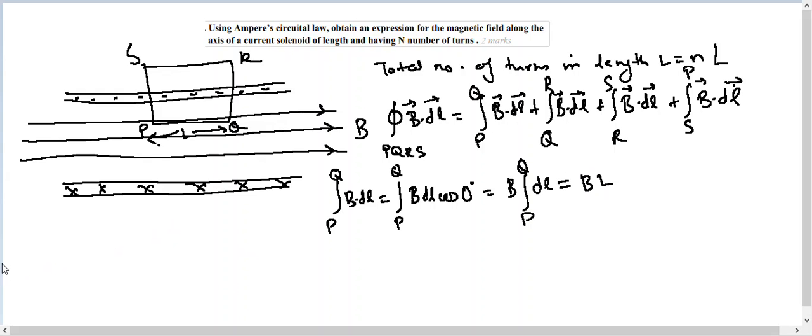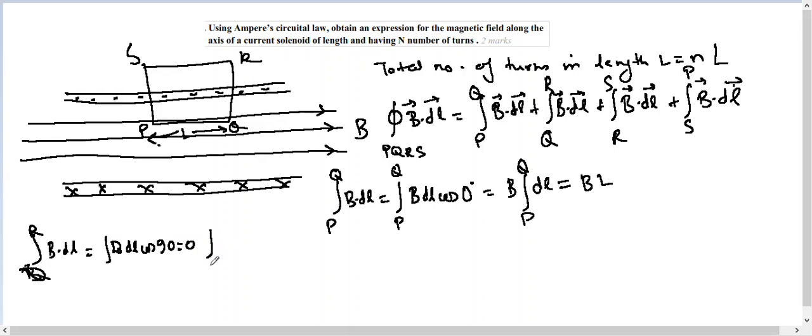Now let us talk about the parts QR and SP. Here the length component and the magnetic field component make an angle of 90 degrees. So from Q to R, B dot dl is B dl cos 90 degrees, which is 0.